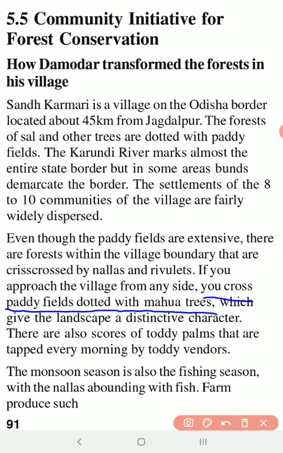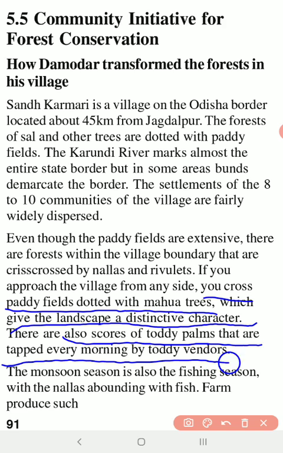We find so many mahua trees here, which give the landscape a very beautiful, distinctive character. There are also scores of toddy palms that are tapped every morning by toddy vendors. You know the palm tree. We extract toddy from the palm, and every morning people go and extract toddy from the palm trees.